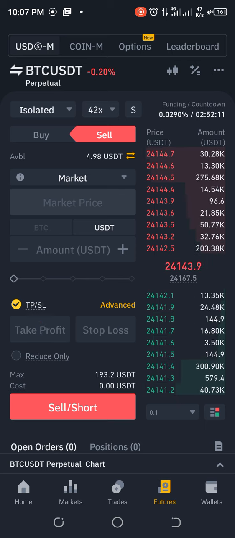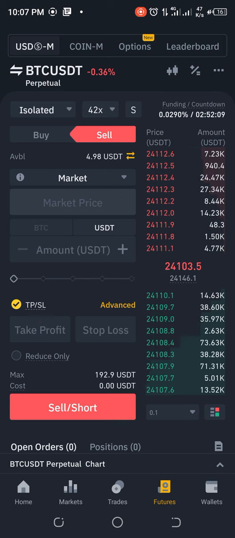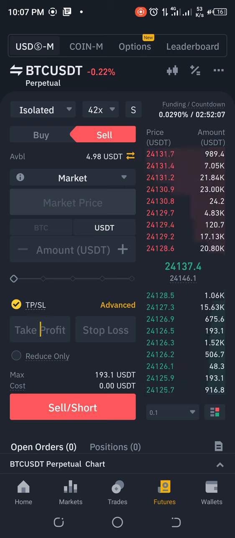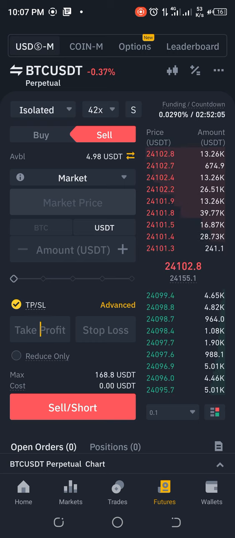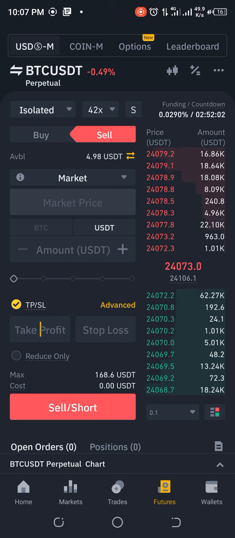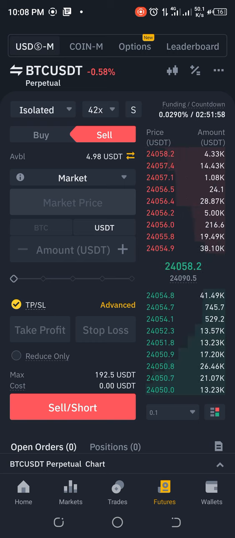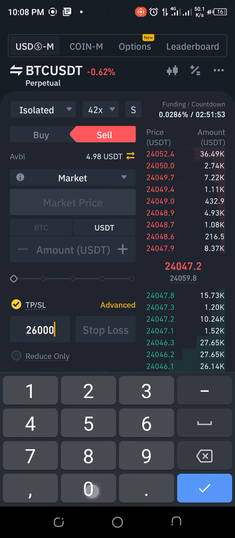Then after I selected market, meaning that I wanted to enter at the current price. Then maybe I now want to take my profit. I want to get out of the trade when BTC gets to $26,000. So I will write 26,000 here.